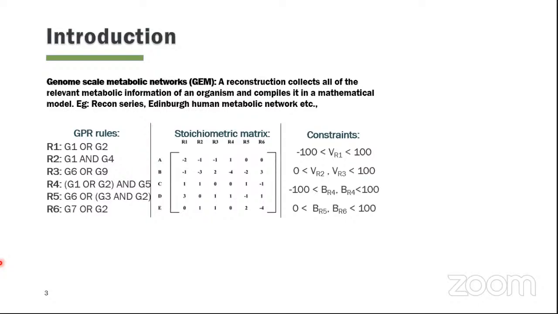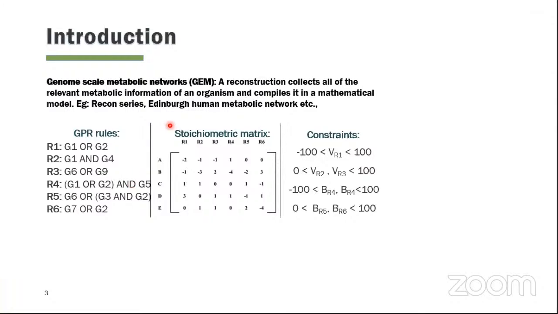I will add some more points on what genome scale metabolic networks are. It's a reconstruction that consists of metabolic information, meaning all the reaction information of an organism, and compiles it as a mathematical model. Some examples of human genome scale metabolic networks are Recon 1, Recon 2, the Recon series goes on, and the Edinburgh human metabolic network.